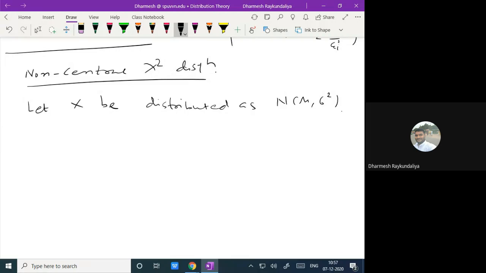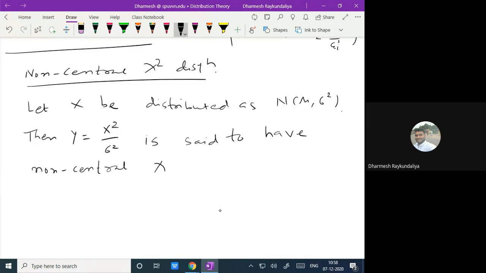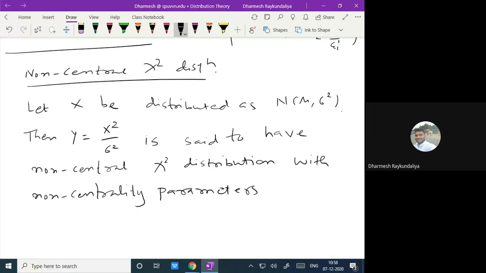Then y equal to X square upon sigma square is said to have a non-central chi-square distribution with non-centrality parameter lambda equal to mu square upon sigma square.